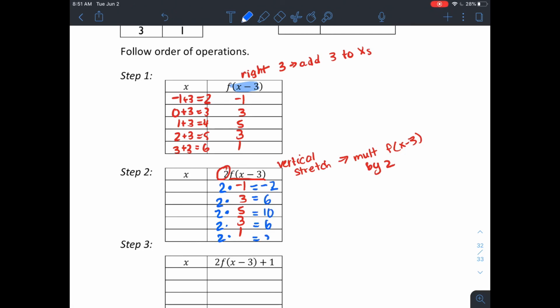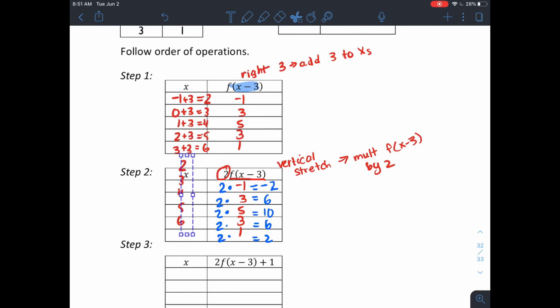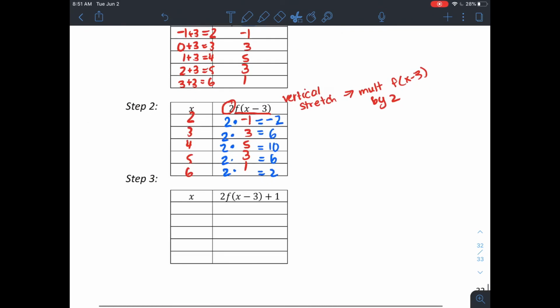Since I'm just doing a vertical stretch right now, that doesn't change my x values, so I'm going to copy them from my previous step. And then the last thing that I need to do is my translation of moving things up 1. So if I translate up 1, that's going to change my y values by adding 1 to all of them.